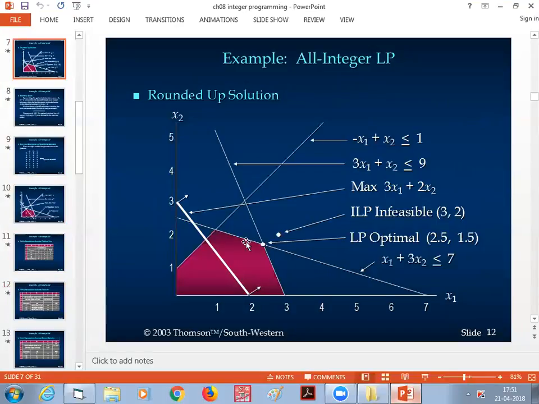Since the value of x1 here is 2.5, we'll split it: one side less than or equal to 2, one side greater than or equal to 3. This point is 2.5, but because x1 has to be integral, it cannot be between 2 and 3. So it either has to be less than or equal to 2 or greater than or equal to 3.